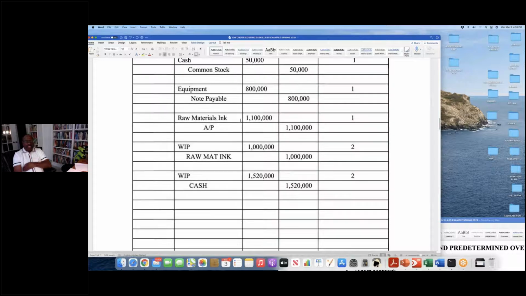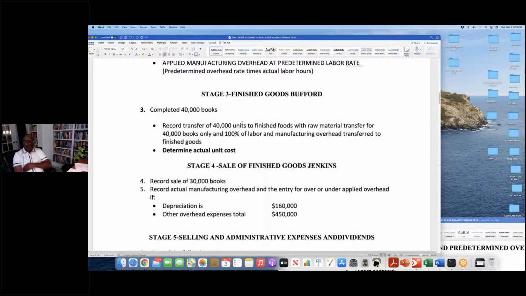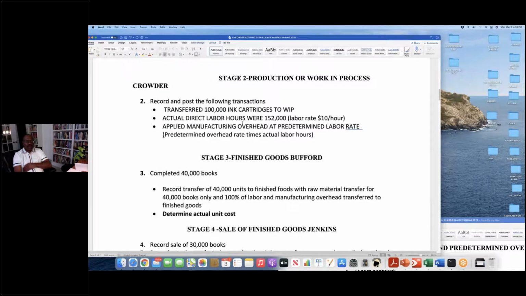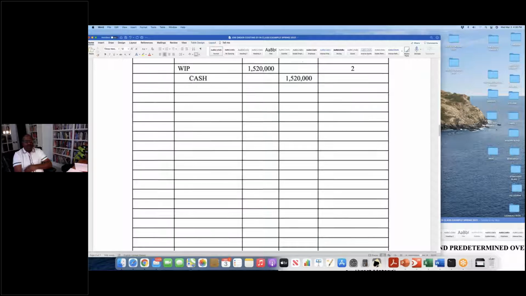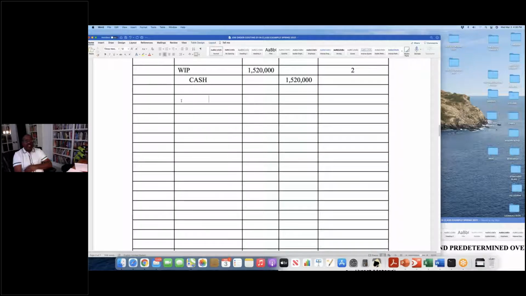What comes next? I believe this one is going to be a debit to work in process, manufacturing overhead, and it's labor hours times POR. So this is work in process, and what are we crediting?